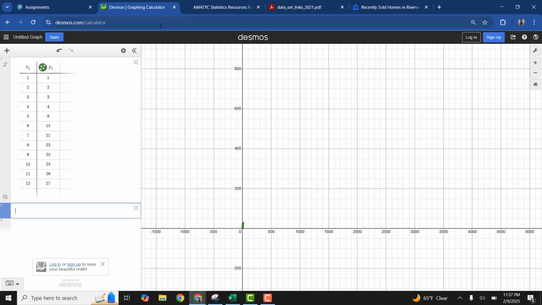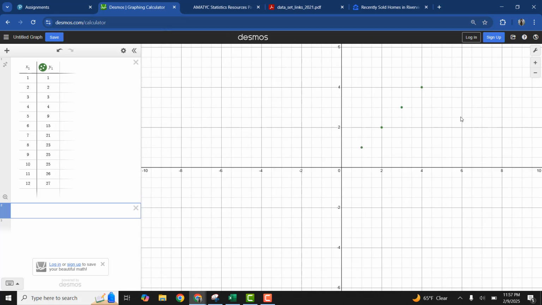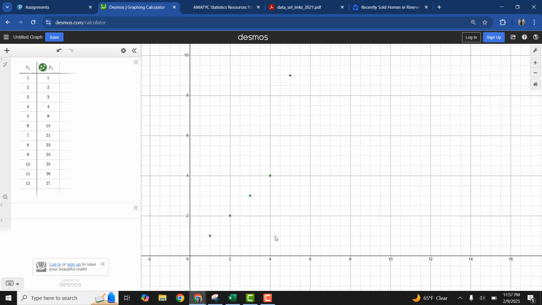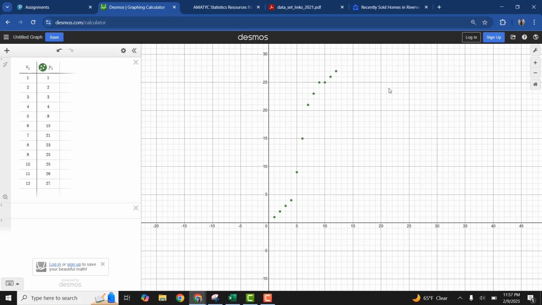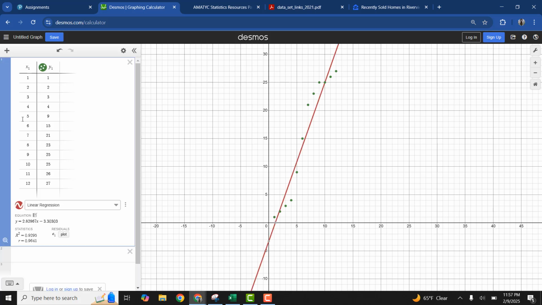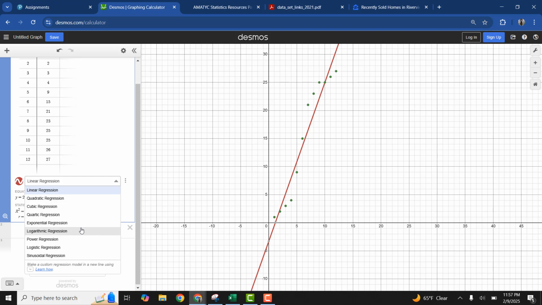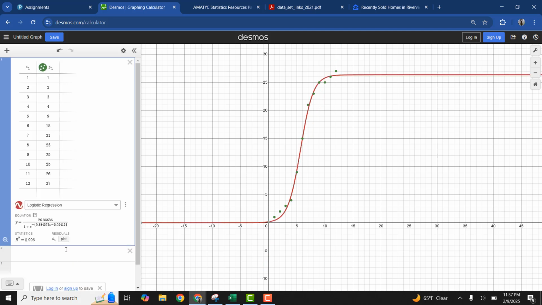The zoom is a little bit off. Let's just default to the normal zoom. There we go. So here's my model. I want to fit a logistic model, and one of the options is down here to fit a logistic regression.